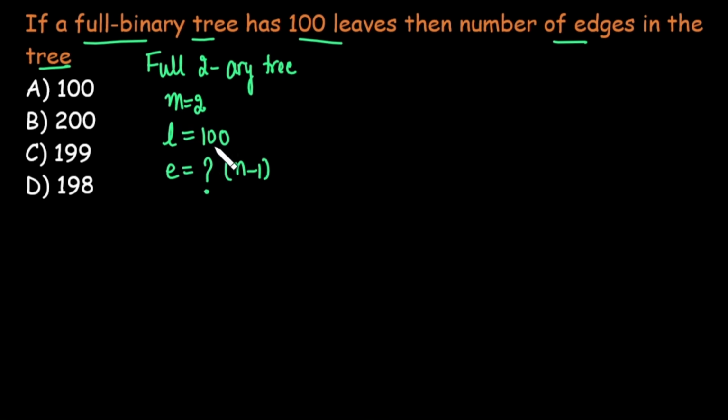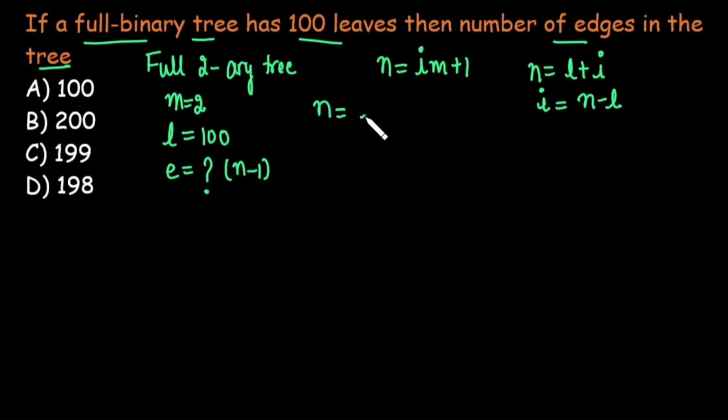So with the help of the given data, can we calculate the number of vertices? Yes. Remember that formula? n is equal to I into m plus 1 and n is equal to leaves plus internal vertices. From here we can extract the value of internal vertices, that is equal to n minus leaves. Plug here: n is equal to (n minus L) into m plus 1.